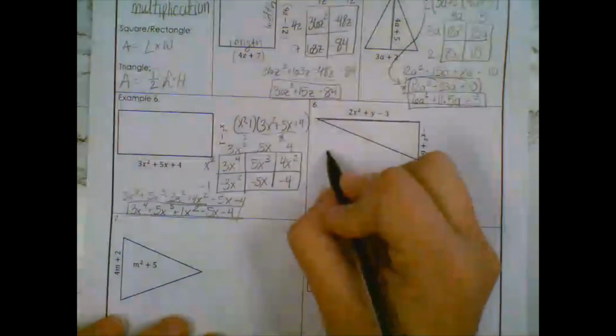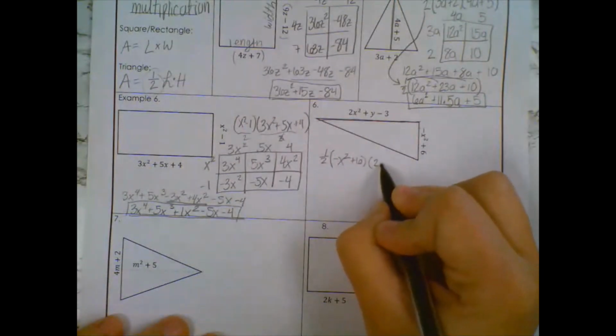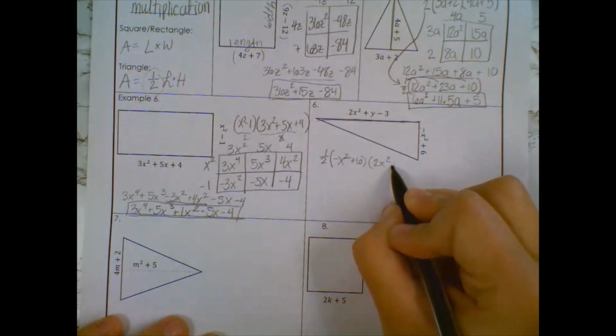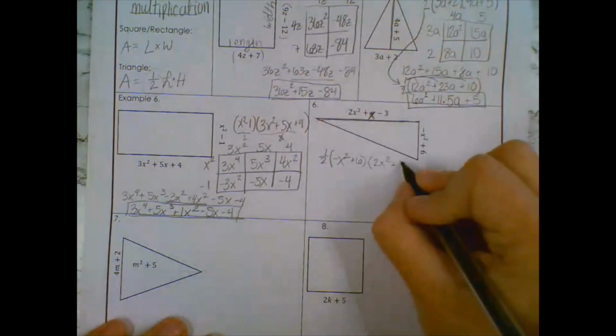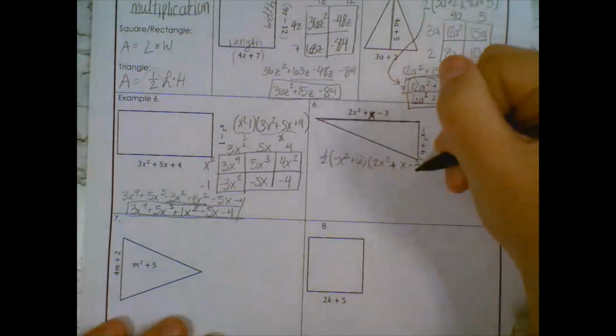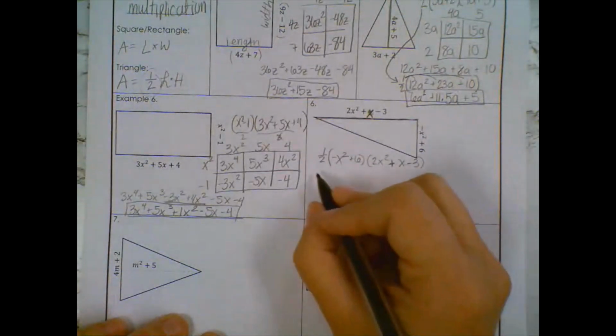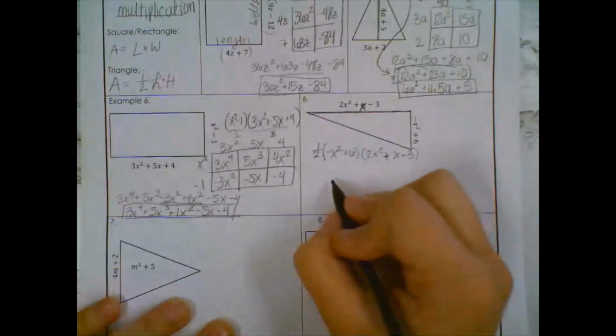So this is going to be 1/2 of negative x squared plus 6, 2x squared plus, and this is a little typo, this is going to be an x here, plus x minus 3. Plus x right here, so plus x here. So we're going to start off with the box method. Again, we're going to ignore the 1/2 until the end, just like at the top. We can only multiply two things at a time.